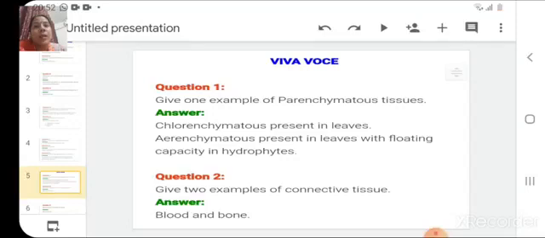Now one more question which is out of this textbook, that is, what is the study of tissues called? Study of tissues is called histology. Name the tissue which on maturity has dead cells. So the answer to this question is epidermal tissue, and the example is cork cell. Moving on to the next question, that is, what is the function of skeletal muscles in our body? Skeletal muscles are found attached to bones and help in the movement of our body.